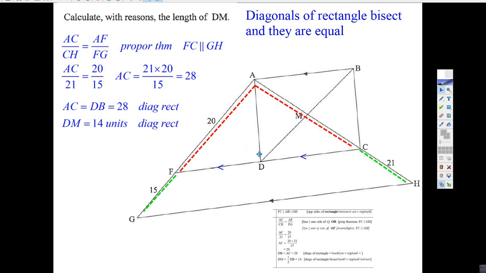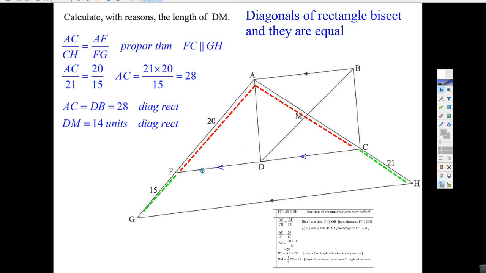You have to know a couple of things: that diagonals bisect each other and that rectangle diagonals are equal. So this AC must be the same as DB. That'd be a thing to know. And if they bisect each other, then if that whole thing is 28, that must be 14.